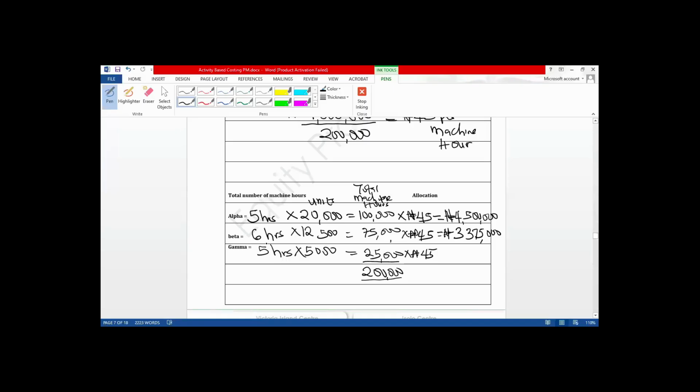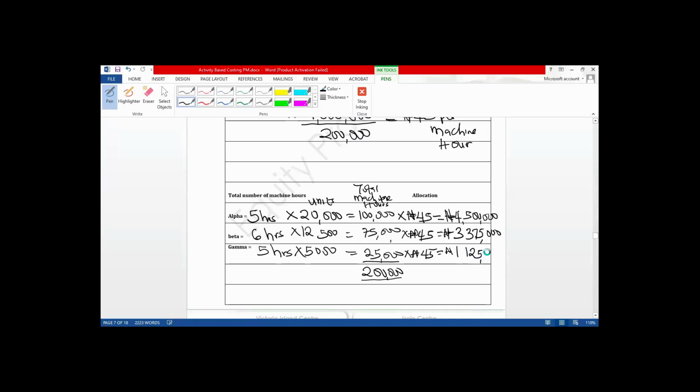All right, thank you. Look at this now. For Gamma, we have used 25,000 machine hours at the rate of 45 naira per machine hour. Multiply, what do you have here? 1,125,000.